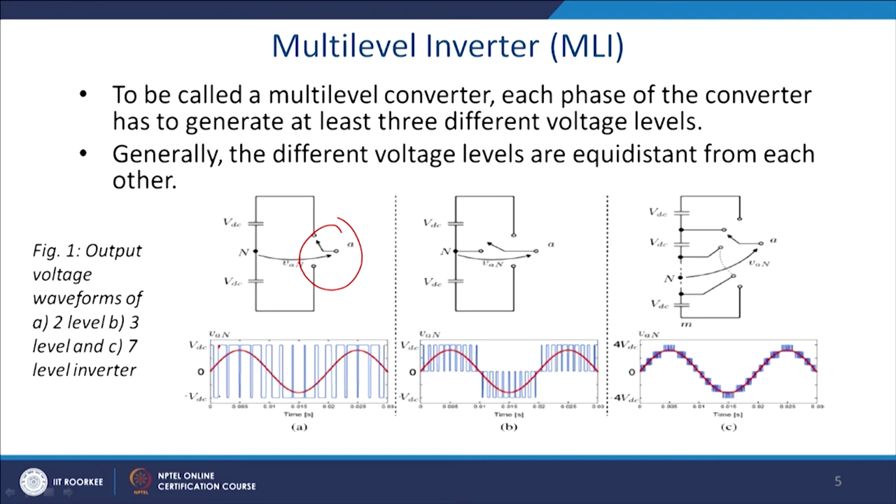So, voltage will swing from plus VDC to minus VDC. Thus, you can see here the huge instantaneous voltage error. This is actually a 3 level inverter, a multi level inverter, where voltage is switching over 0 to plus VDC.